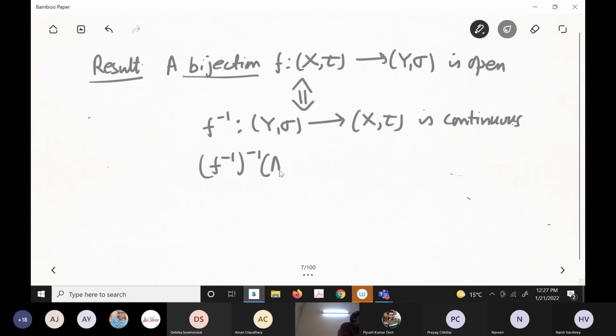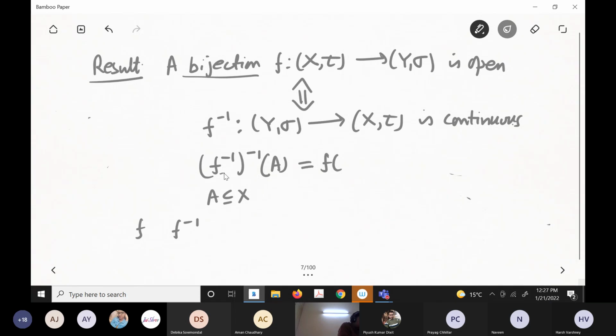If you take A a subset of X, then the inverse image under F inverse will be the same as what? Tell me, A or F(A)? Look, F(A). F and F inverse are inverse to each other.